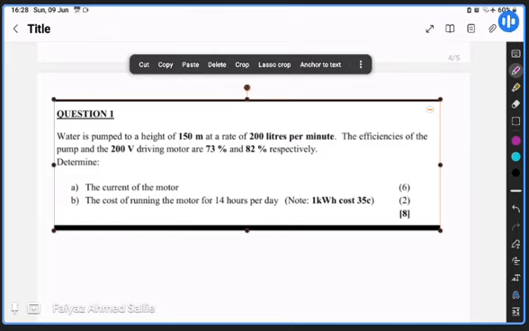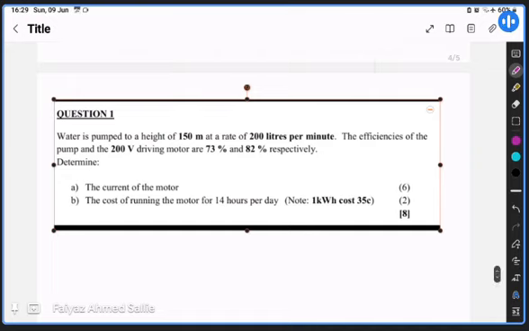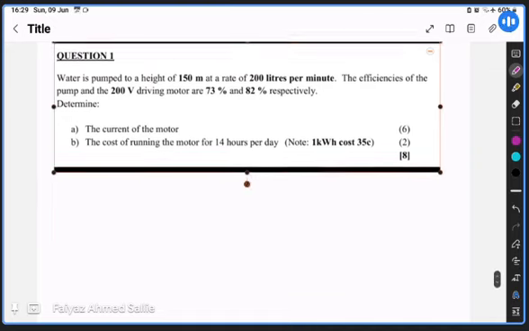So the question says that water is pumped to a height of 150 meters at the rate of 200 liters per minute. The efficiency of the pump is given, and the voltage is 200 volts. We need the power of the motor.